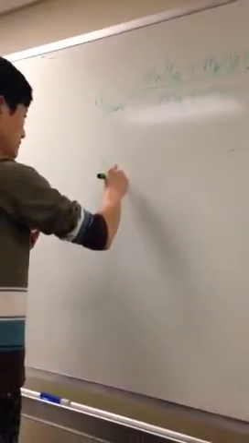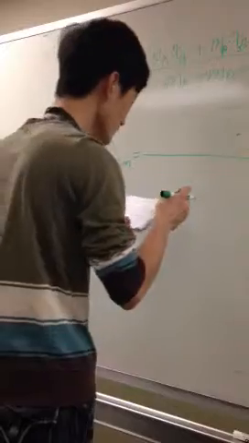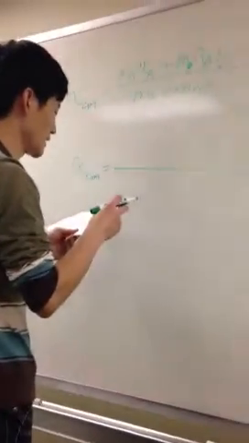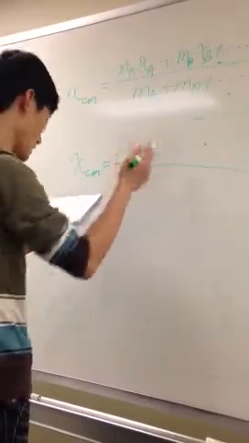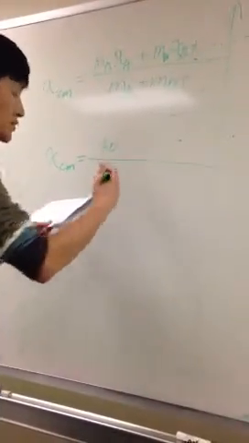So in this case, because here the mass is going to be divided and cancel out, I'm going to use gram as it is. Or you can convert into kilogram.